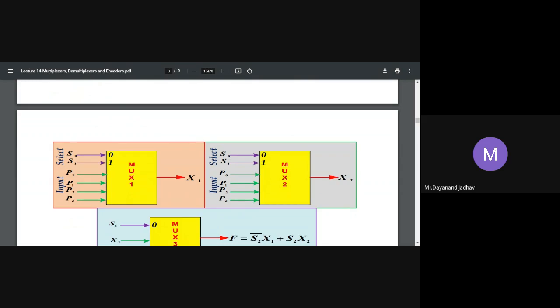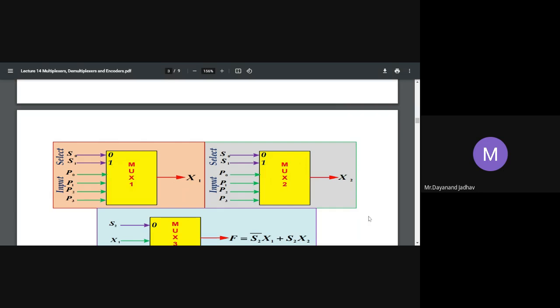See here, when we consider 0 1, here S0 is 0 and S1 is 1, then we consider P1 in the output, like that 0 1. If suppose we also consider 1, it is P1 in the output.